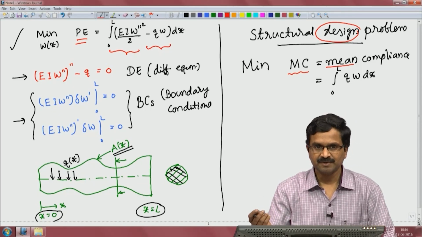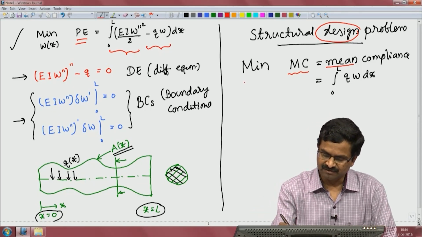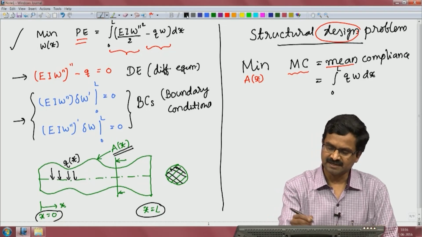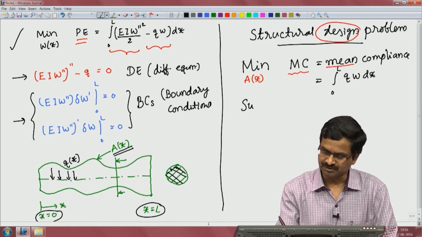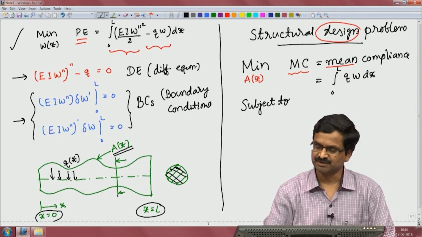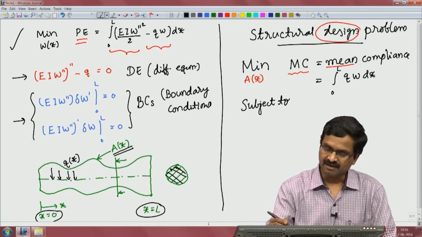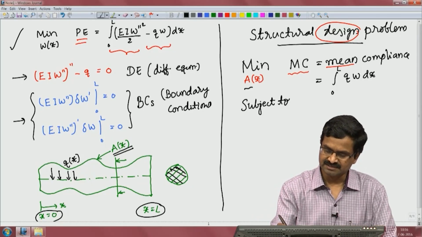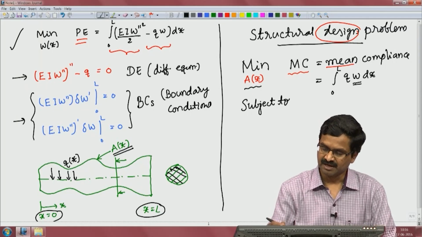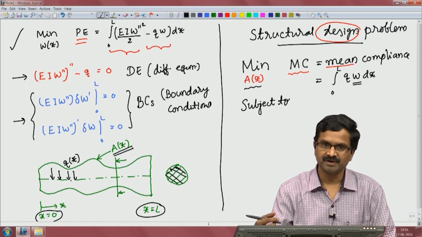How do we minimize mean compliance? We want to define a variable which is area of cross section of the beam, A of x, just like we had done it for the bars. That is our design variable, subject to, as we had looked at the general framework for structure optimization problems, there are design variables which is in this case A of x, but you also have state variables which is this W. The state variable should be governed by a differential equation.